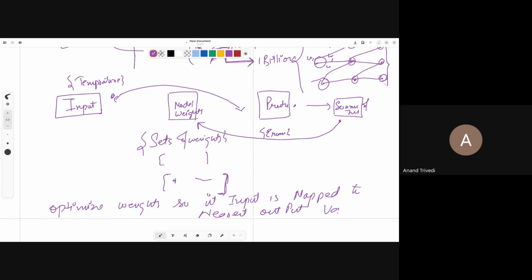Again, just read this again. We need to optimize these weights. Optimization in the sense we need to keep on improving it, till the time the target is achieved. Keep on improving weights so that input is mapped to the nearest output value.